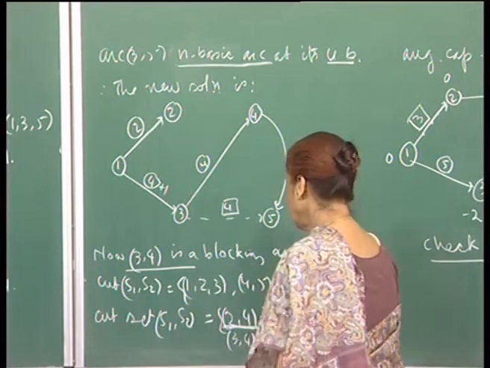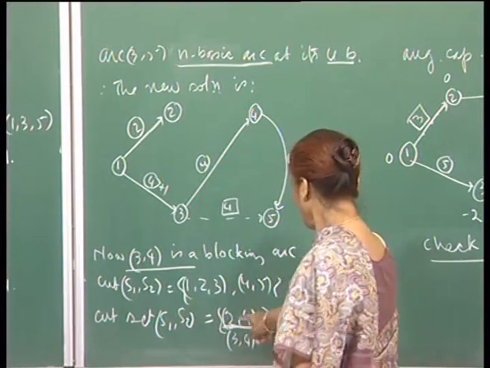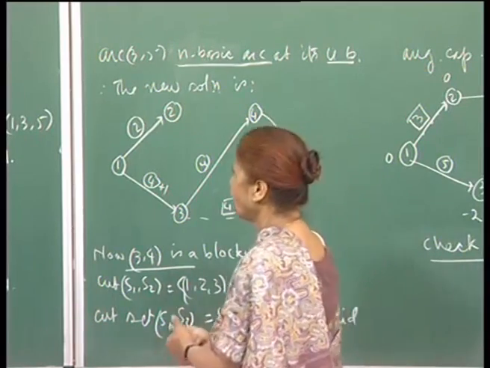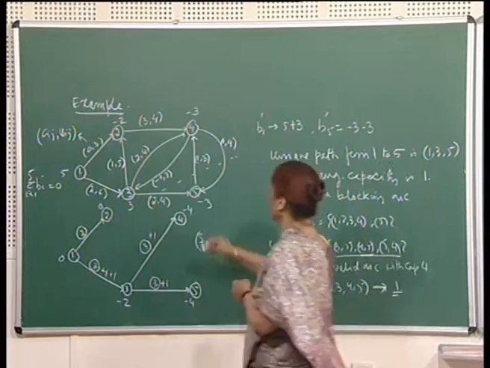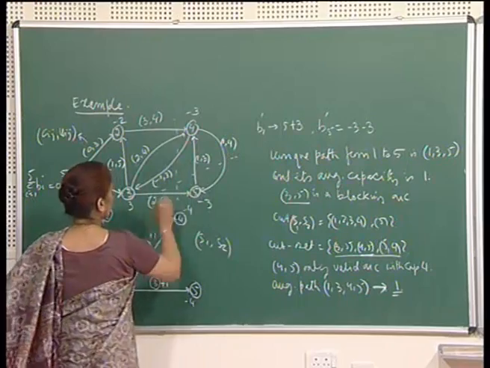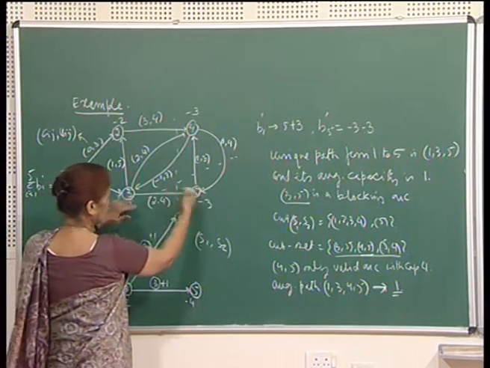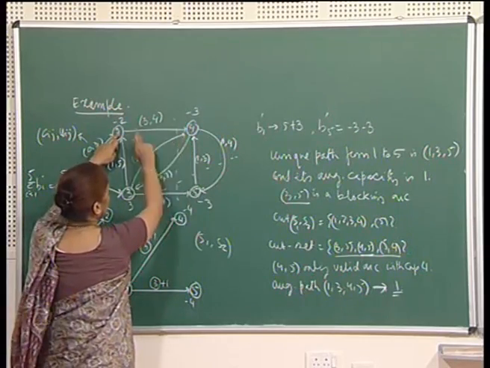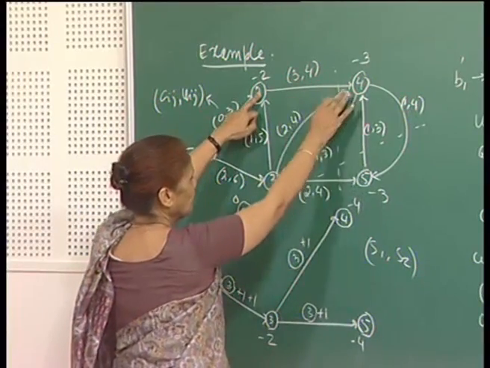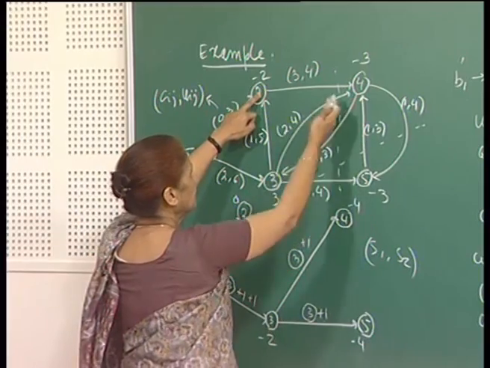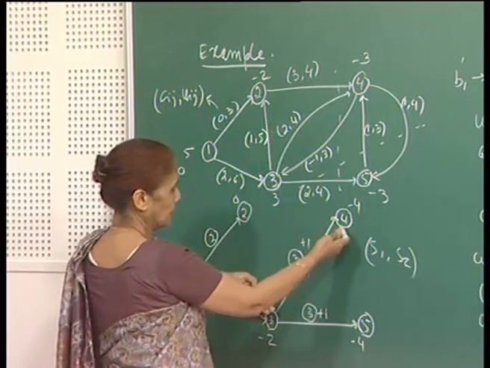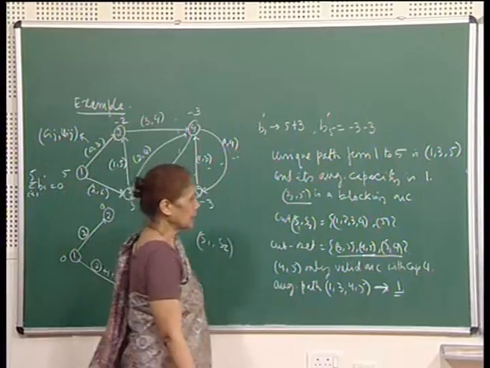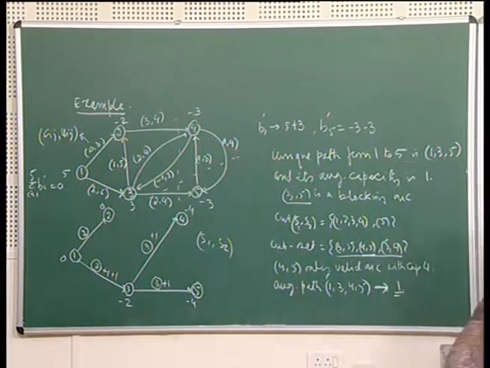And then in the cut set you will have only 2 arcs, 2 4 and 3 4, right, because now your cut is this. So, 3 5 is already saturated, and 2 4 has positive capacity, because it is not being used, and 3 4 is already saturated, because I am dropping it from the tree, right. So, therefore, 2 4 again is the only valid arc.